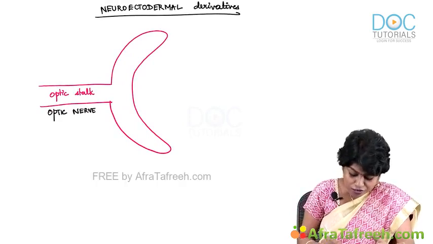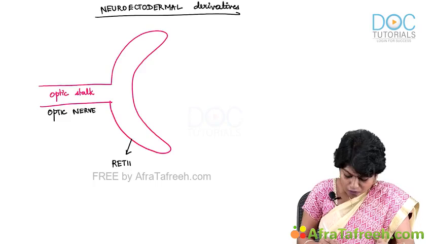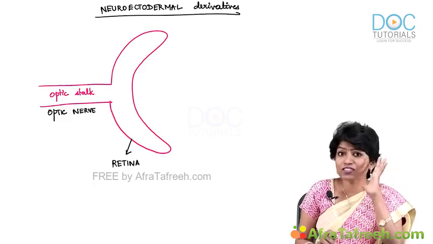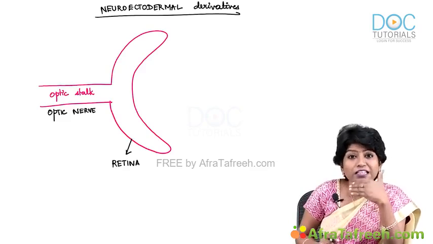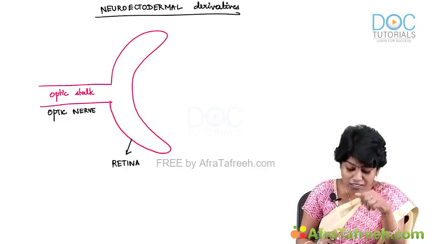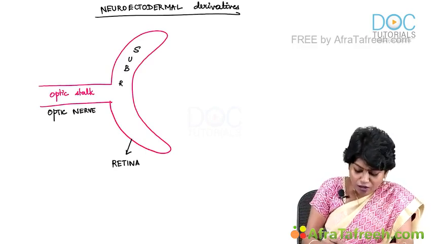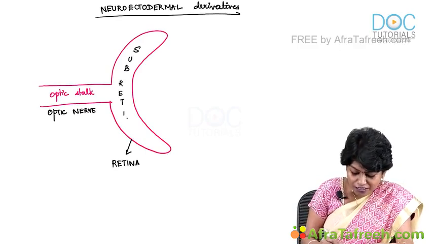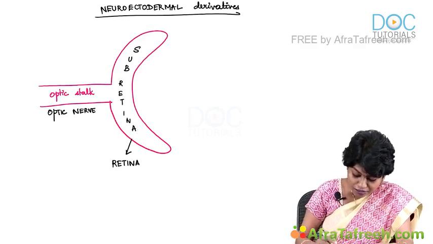In the retina we have 10 layers, you already know that. We have the outer RPE and the inner neurosensory retina separated by the subretinal space. This original cavity of the optic vesicle becomes the subretinal space.